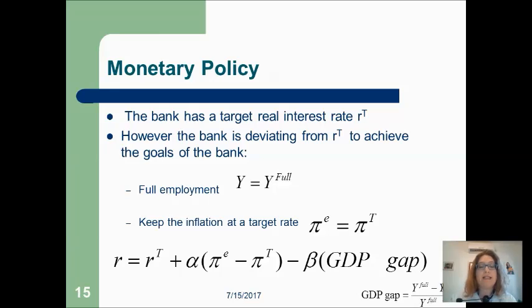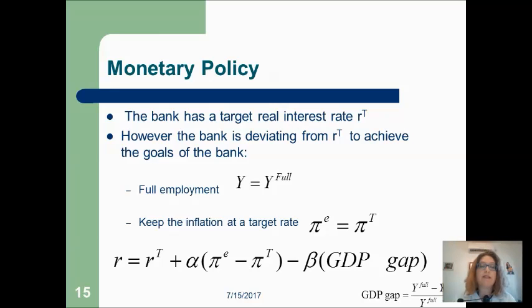So the idea is that the central bank would respond whenever the expected inflation, which normally also equals the actual inflation, deviates from the target inflation. So if pi e exceeds pi t, then R will increase.